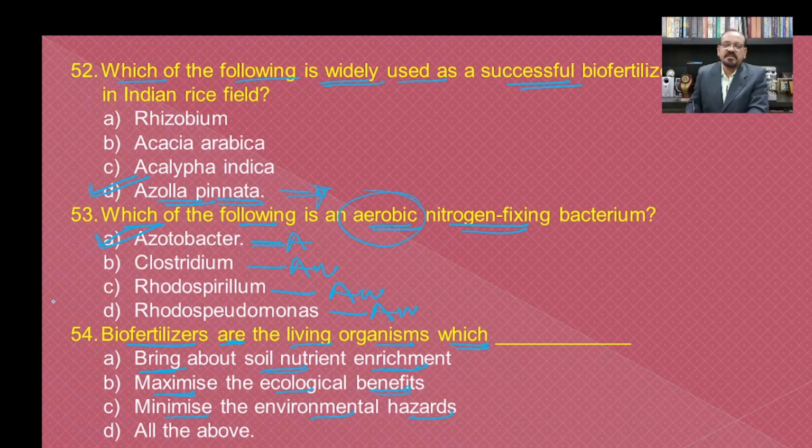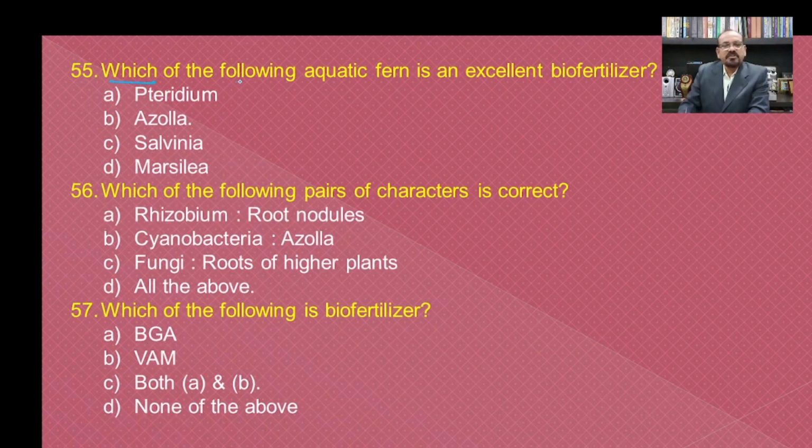And all these three statements with respect to the biofertilizer are correct, and hence all the above become the answer for this question. Then which of the following aquatic fern is an excellent biofertilizer? Earlier we have seen the aquatic fern is Azolla, which is extensively used as a biofertilizer in the rice fields.